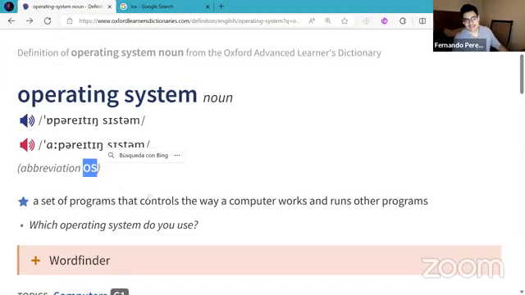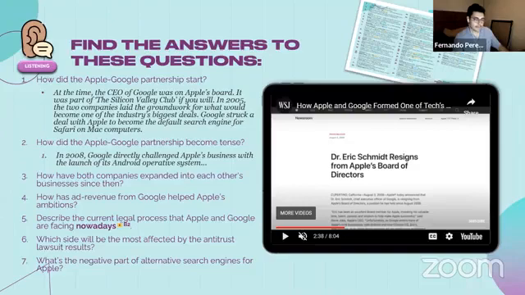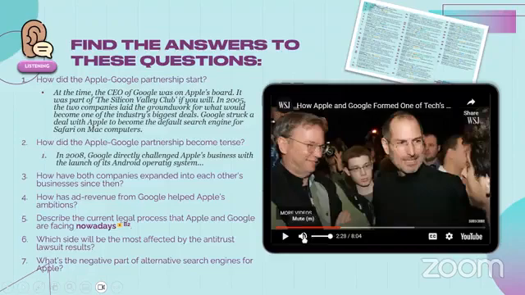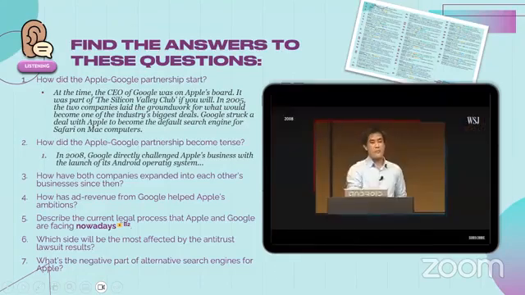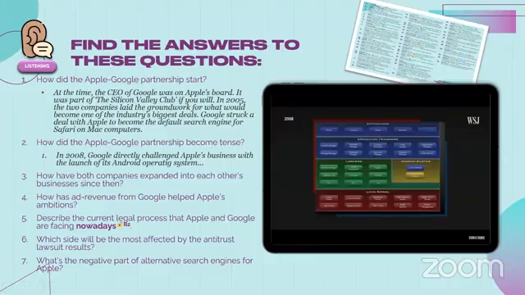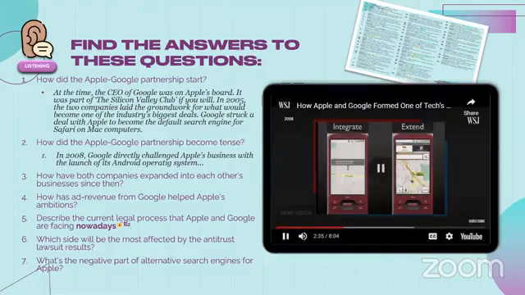Windows is an OS, Android is an OS, and the famous iOS for iPhone. Okay, final repetition. In 2008, Google directly challenged Apple's business with the launch of its Android operating system.